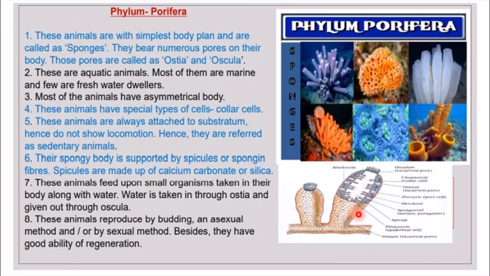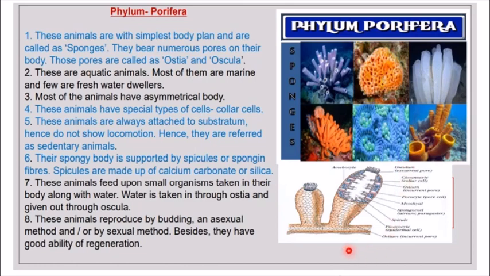Even when we see them under the microscope, we find many pores. These pores are called ostia and osculum. Ostia is where the water enters and the osculum is where the water leaves the organism's body.